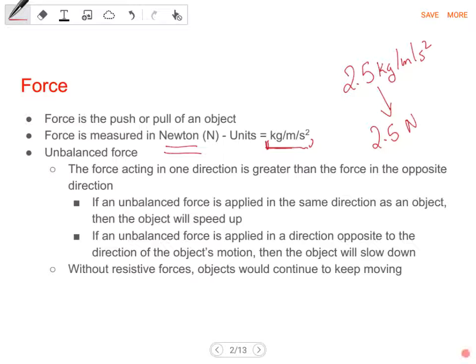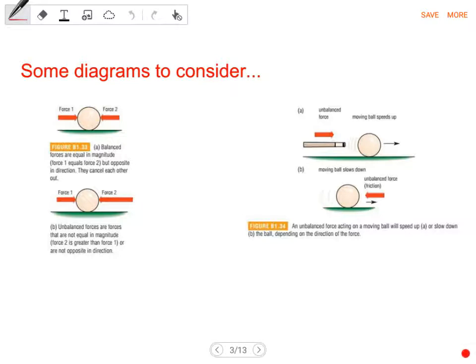Now, here you can read about unbalanced forces, okay? It's basically telling you about when you apply a force to an object, why does it move? Why does it speed up? What about the direction? I'd like you to have a quick read of this, so you may want to pause the video. This again shows you forces in diagrams.